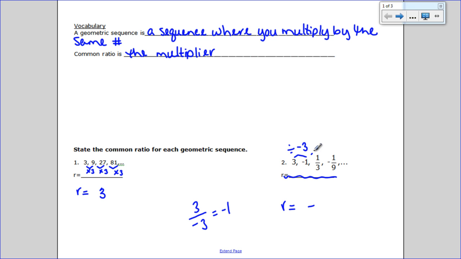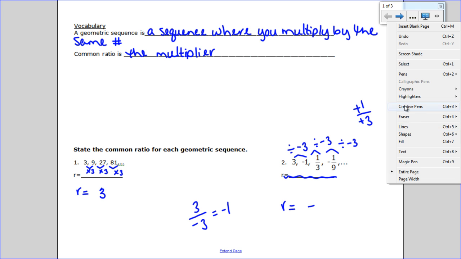And if I go from negative 1 to positive 1/3, that is again divided by negative 3, because negative 1 divided by negative 3, the negatives cancel and I'm just left with 1/3. Again, from 1/3 to negative 1/9, that's also dividing by negative 3. That's how that would work.